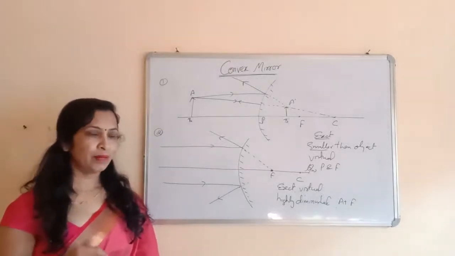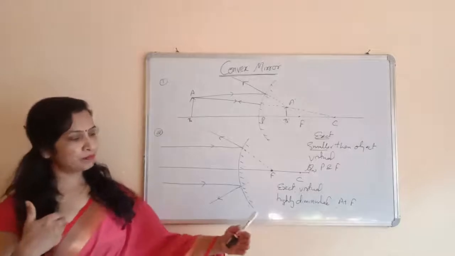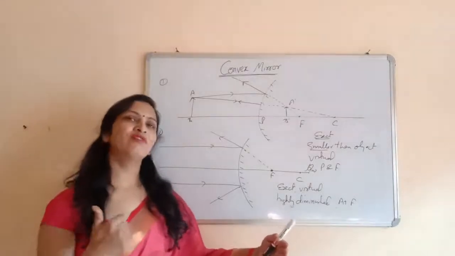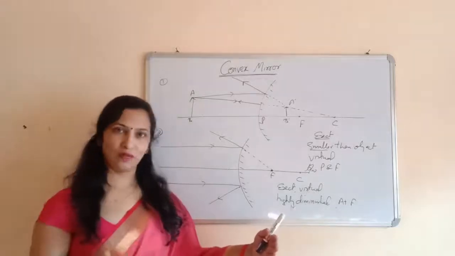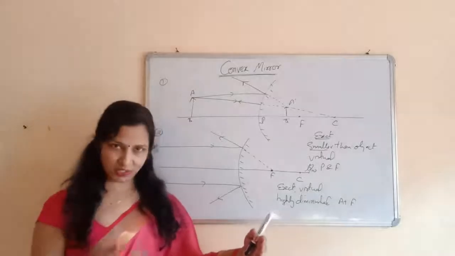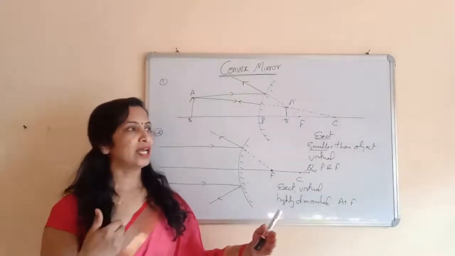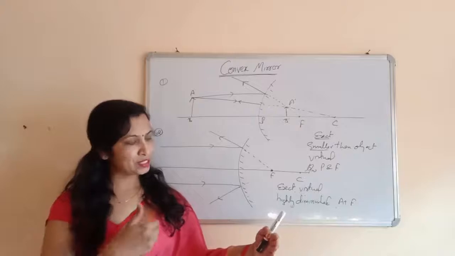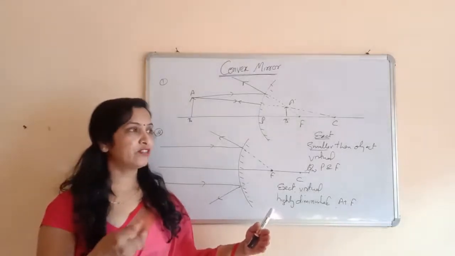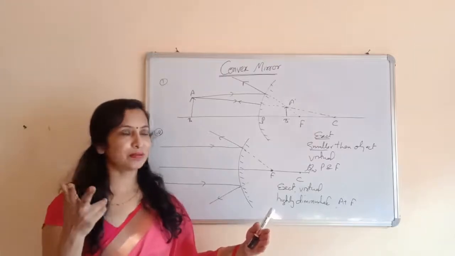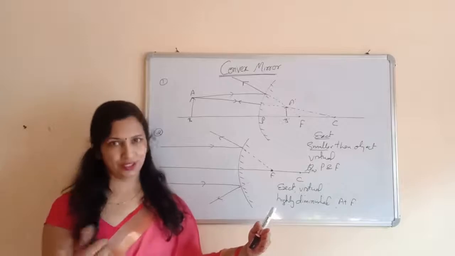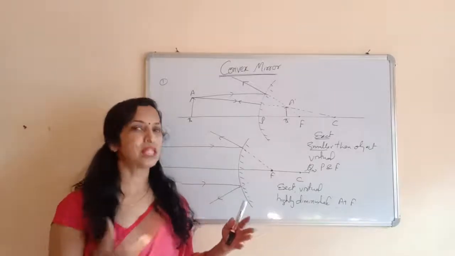You can also say it like this: as you bring the object closer to the mirror, the plane mirror will form an image of the same size as that of the object, and in the concave mirror, as you bring the object closer, the image becomes larger.